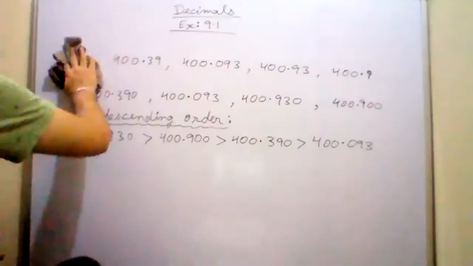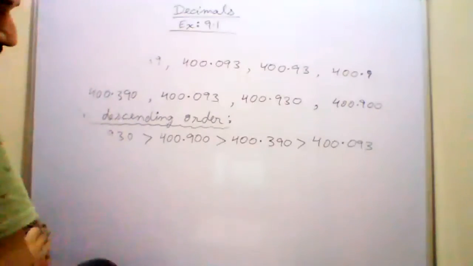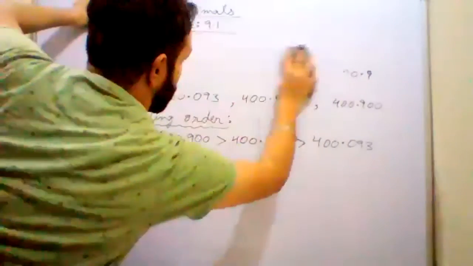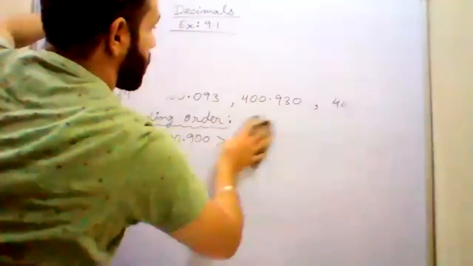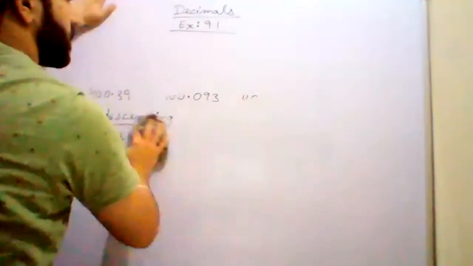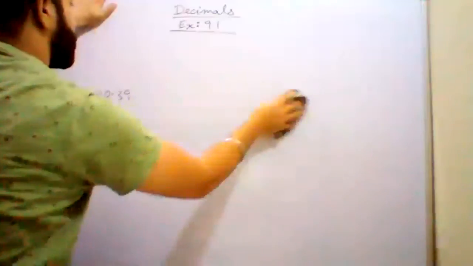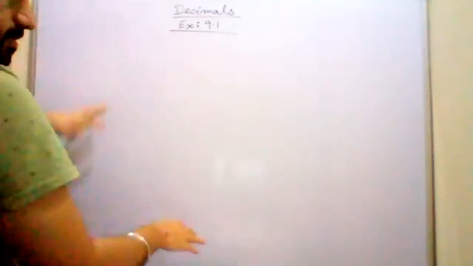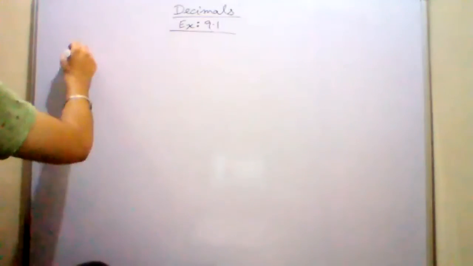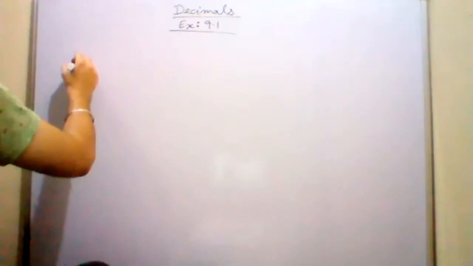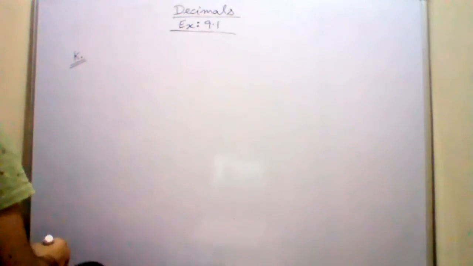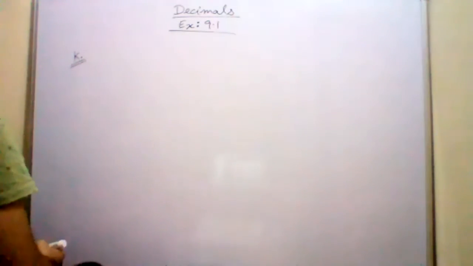Okay, so now let's move on to the next question. K. How many questions are there in the exercise? Question K: add the given decimal numbers.